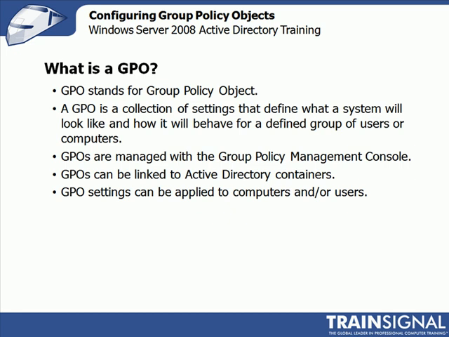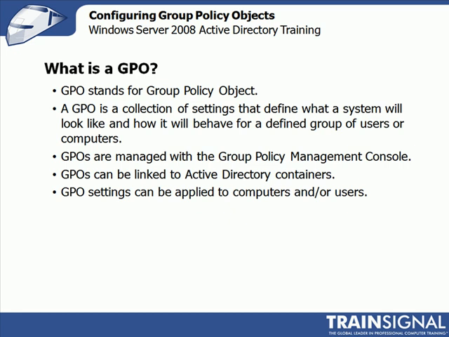GPOs are managed with the Group Policy Management Console, and again, as I mentioned a moment ago, sometimes referred to as the Group Policy Management Tool. I'll show you when we get into the operating system why it can be referred to by both names. GPOs can be linked. I mentioned that I'm going to show you how to link a GPO. Well, GPOs can be linked to Active Directory containers.